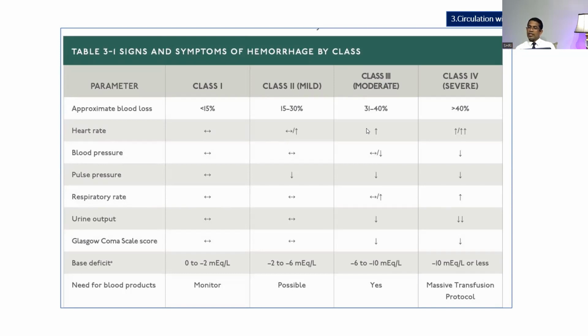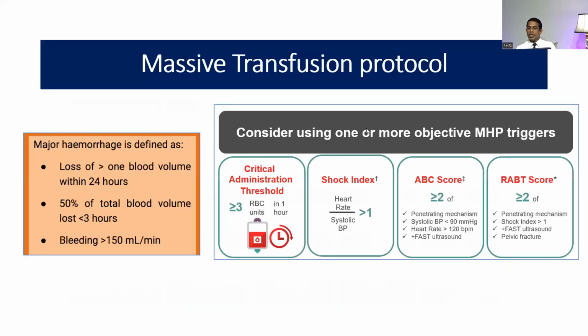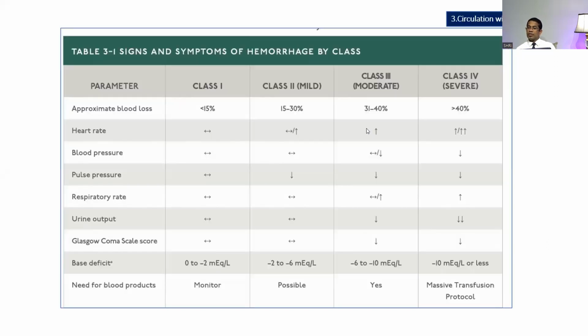What is the main agent you are going to give if the patient is in hemorrhagic shock? You give tranexamic acid. How much tranexamic acid do you usually give? First you give 1 gram over 10 minutes, and then 1 gram over 8 hours as an infusion.